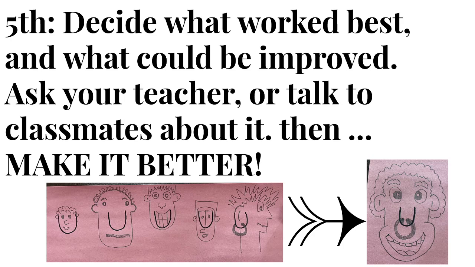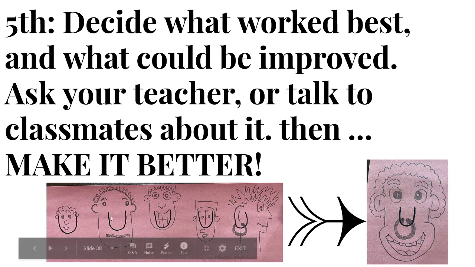Fifth, this is the part of the project where we would talk to each other if we were going further and say, what worked best? What could be improved? So you could ask your teacher, which one of these eyes do you like? Or you could talk to your classmates about it, and then we make it better. In this scenario, I'm not necessarily saying this is correct, but they look at all these different things, they discuss it.